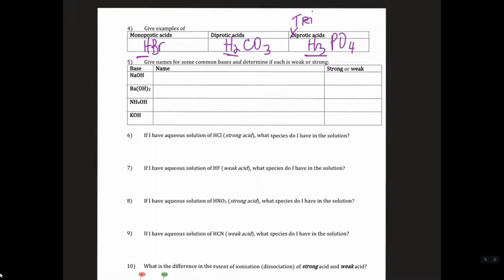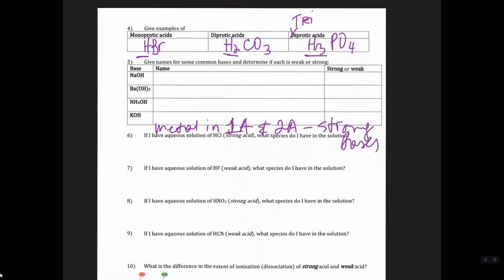Now, number 5 gives the names of some common bases and determines whether they are weak or strong. So how can you determine if it's weak or strong? The bases that are made of metals in group 1A and 2A produce strong bases.